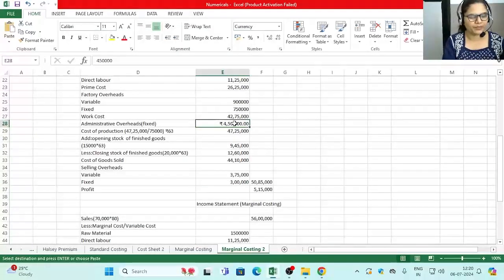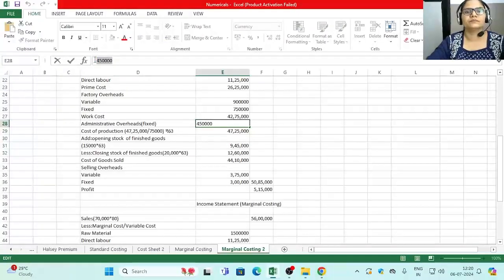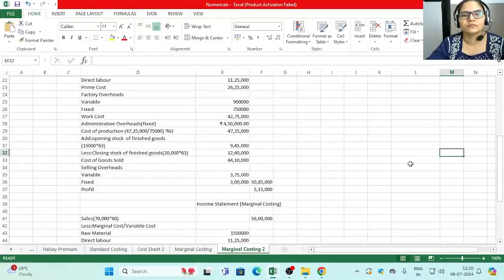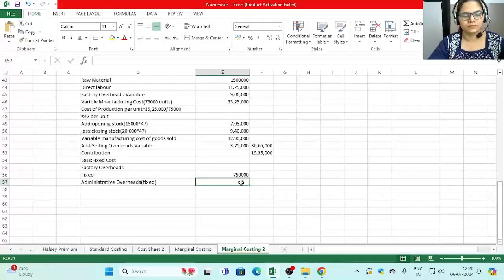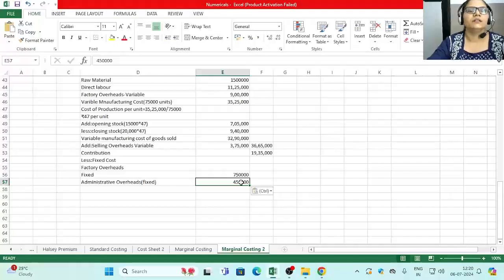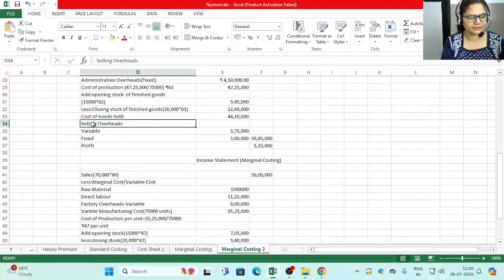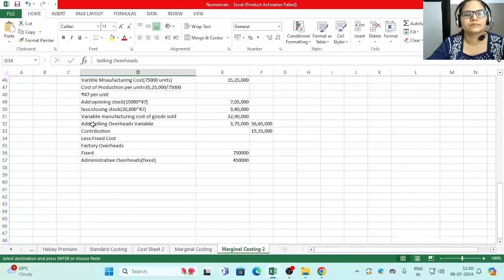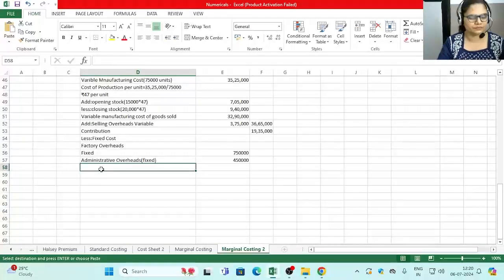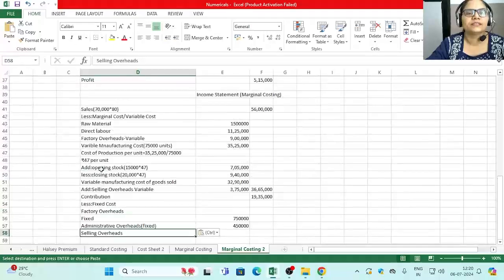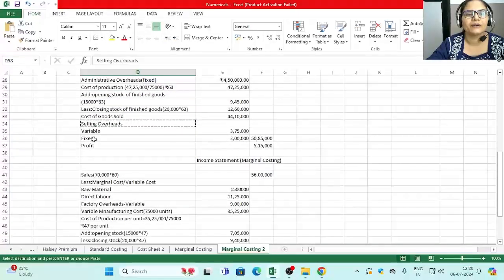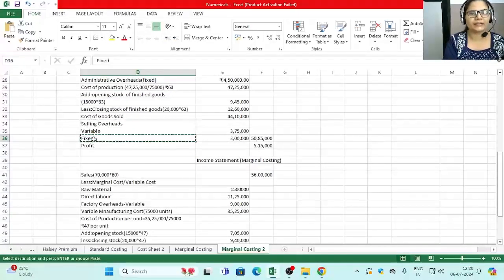We will copy, Control C. Now, what is left is selling overheads. Selling overheads, we have fixed 3 lakh.